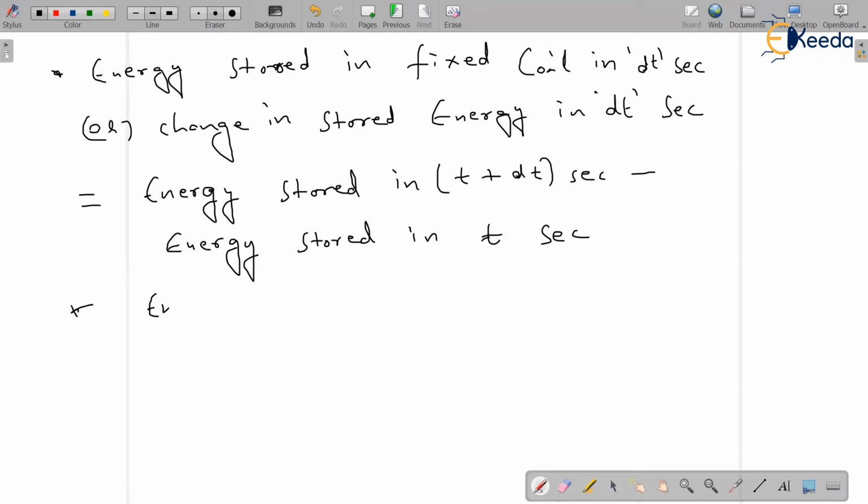Energy stored in t seconds is equal to half Li square.